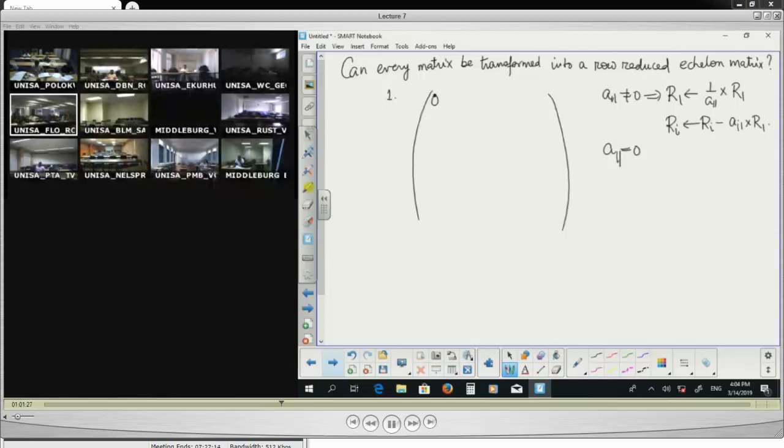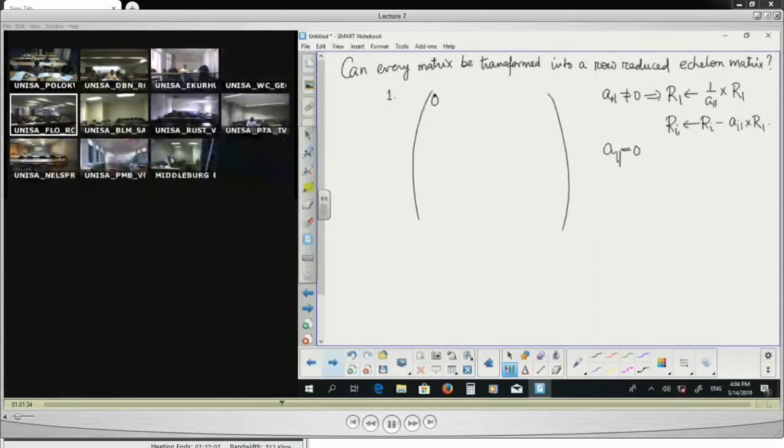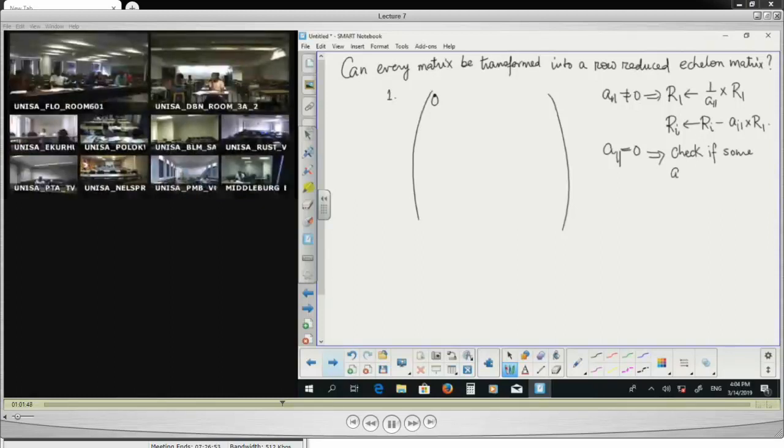So then check if some non-zero element exists, in which case interchange.